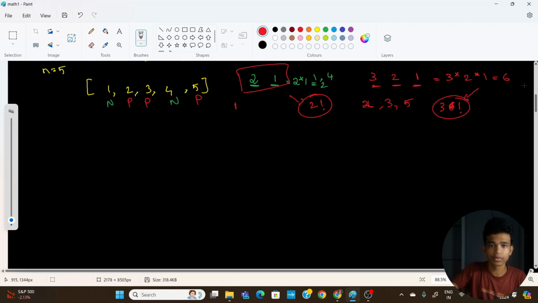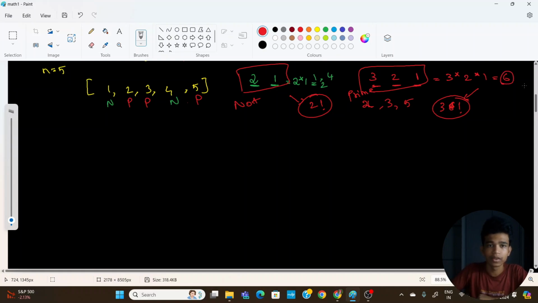This whole relation is for the non-primes, and this whole relation is for the primes. Now we want to combine these two, right? If we combine these two, how many ways can we arrange only the prime numbers? We can write in total 6 ways.